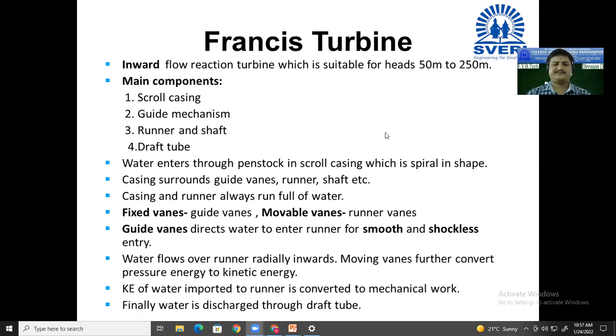Moving vanes further convert pressure energy to kinetic energy.